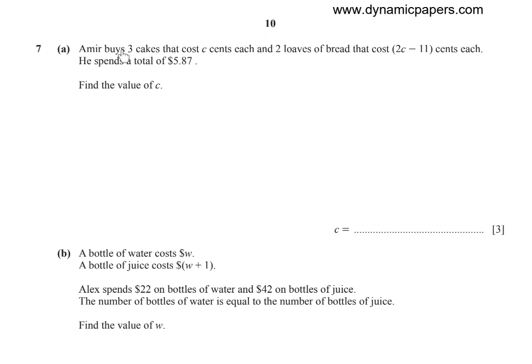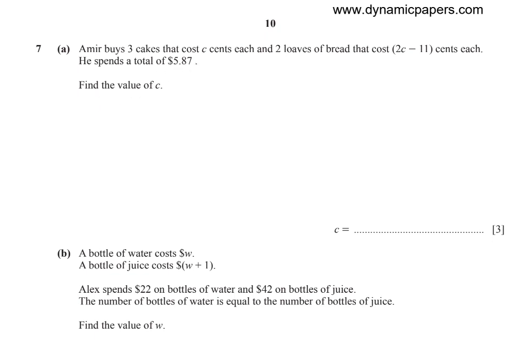7a. Amir buys 3 cakes that cost C each and 2 loaves of bread that cost 2C minus 11 cents each. He spends a total of $5.87.